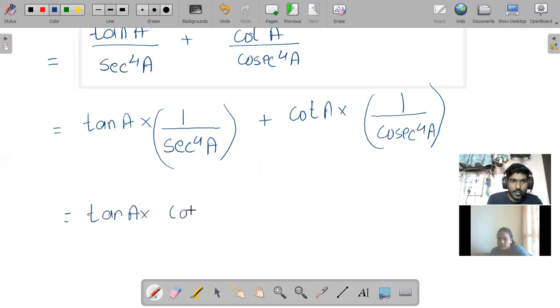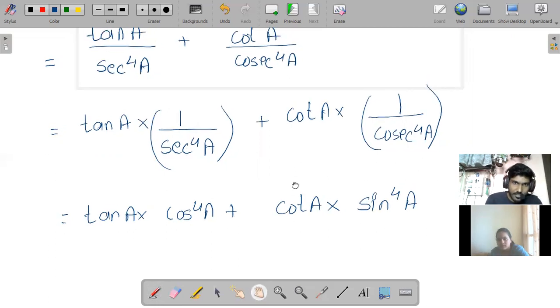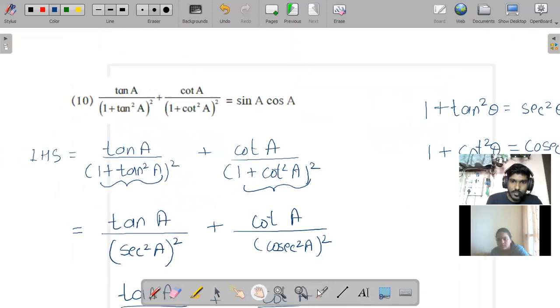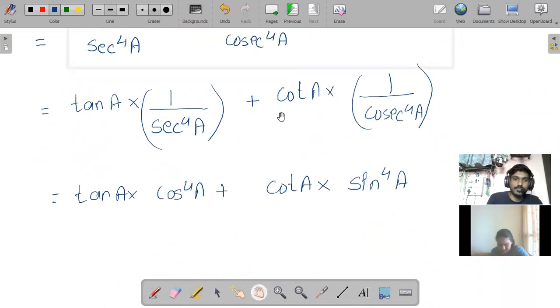Correct. Same thing this side, sine. So this will become cot A into sine raised to 4A. But why did we change it into sine? You look at the right side, what we have to prove. Sine A and cos A we need. Understood. Okay.